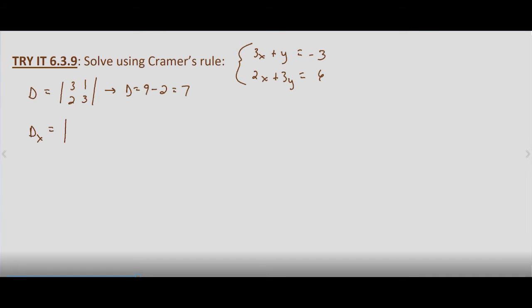So it's the same thing as our first determinant, but we replace the 3 and the 2 with the constants, -3, 6, 1, 3. And that's going to yield D sub x equals -3 times 3 is -9, minus 6 times 1, and that equals -15.